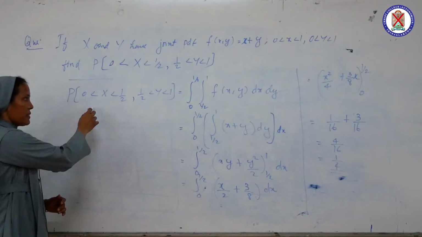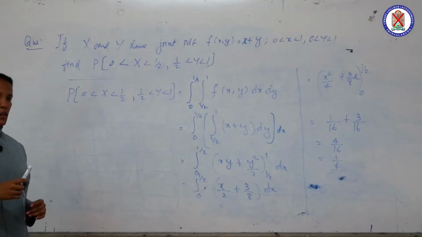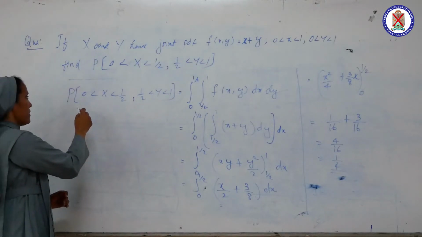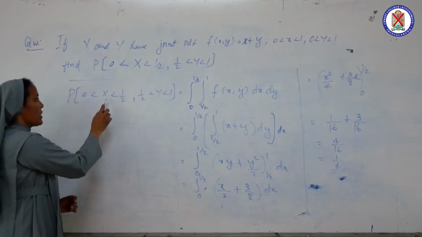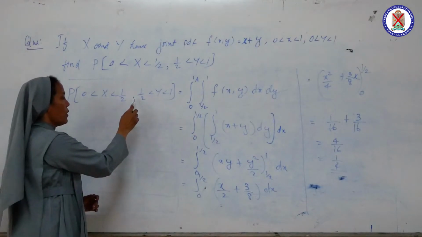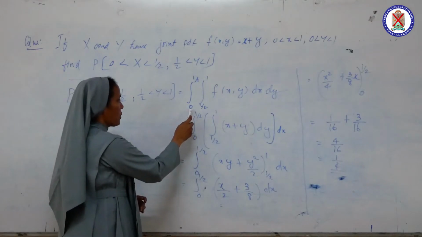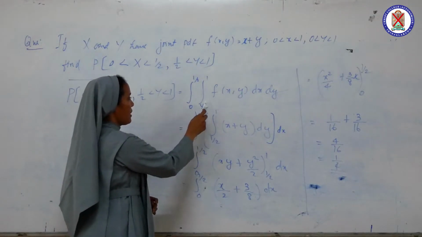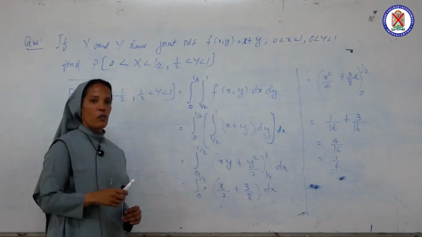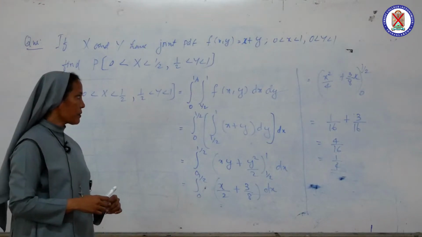By using the joint PDF properties, probability of 0 less than x less than 1/2, comma, 1/2 less than y less than 1 is equal to the integral 0 to 1/2, integral 1/2 to 1, f of x comma y dy dx.